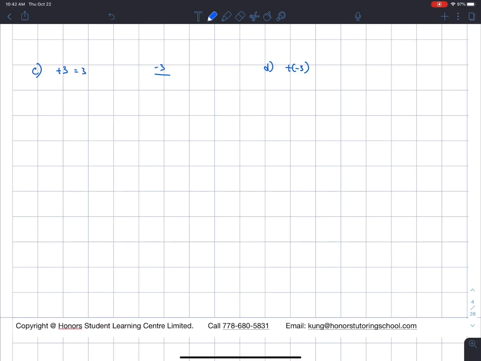So this is a rule that you need to know already. You're supposed to learn that in grade 7. Let me remind you some of the rules that we need to know. Rules when the signs are right next to each other.